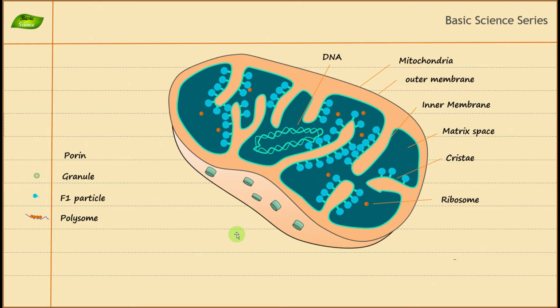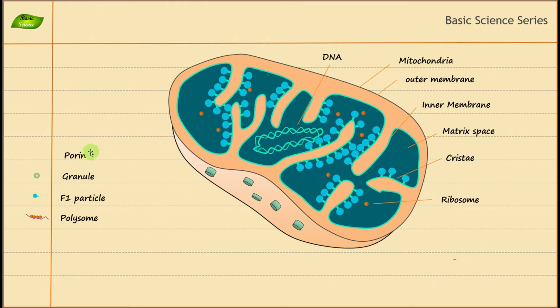And cristae, the number of cristae, basically they vary cell to cell, and their shapes also. This is also another point that I wanted to discuss. And you also have these ribosomes, which are 55S, which is different than the cellular ribosomes.